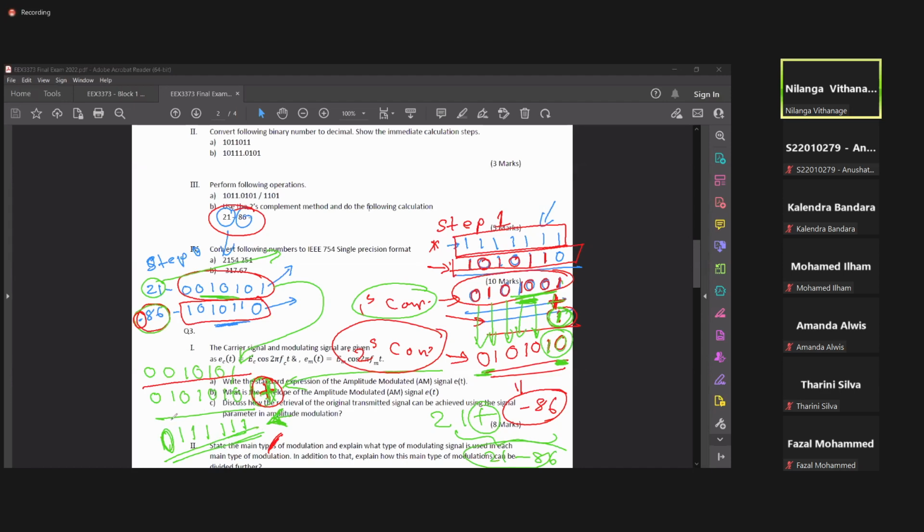So this is kind of an intermediate answer. But anyway, if you come to this level, you will get more than 80% of the whole mark, right? So if you give 5 marks for that question, you will get at least 4 marks, right? Then you have to convert this one.